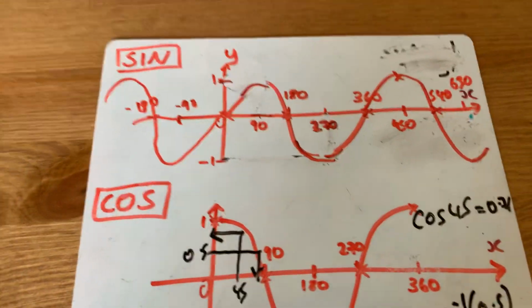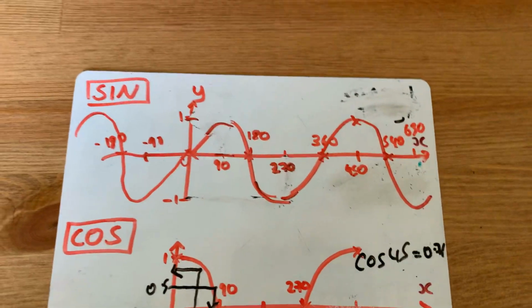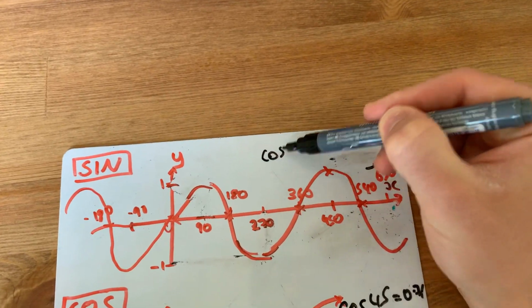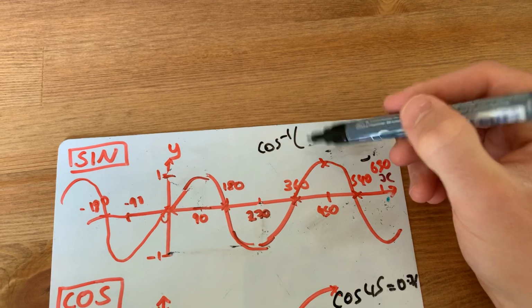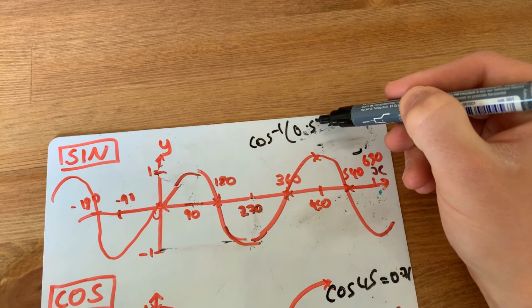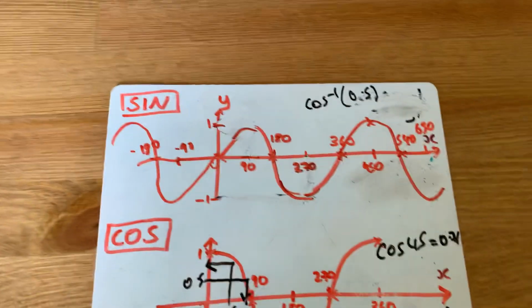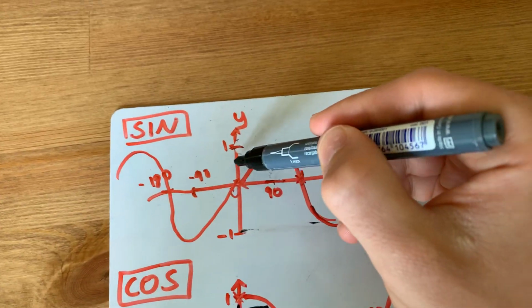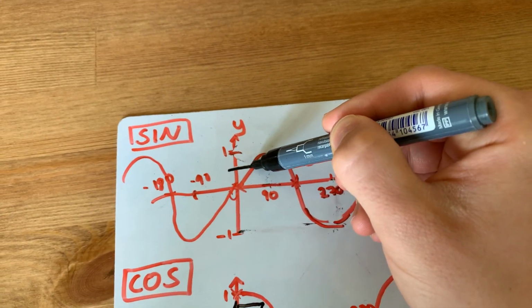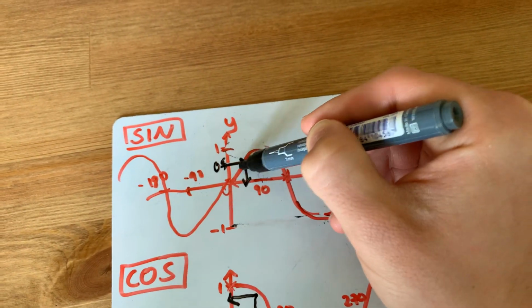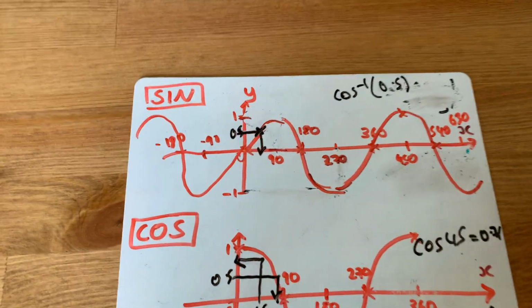Now, what that means is if we consider another question, let's just do cos to the -1 of 0.5, for example. We already spoke, didn't we, about this idea that we're going to get our first value. Okay, this is going to be where we're going to get our first value, this one here, whatever that is.